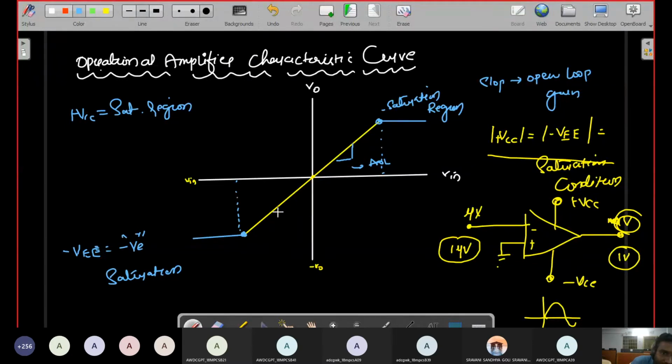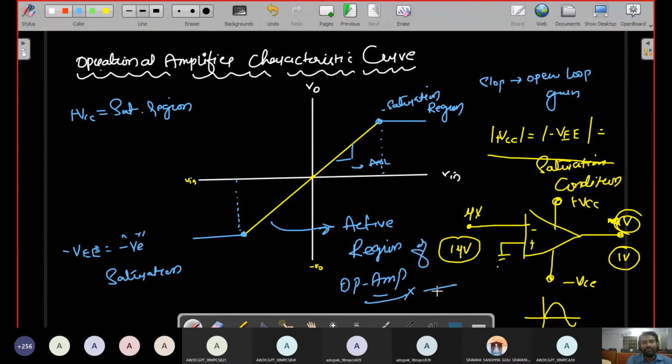So in this range only, the operational amplifier can amplify any signal. Okay, so this is the active region of the operational amplifier. So this is called the active region of amplifier.